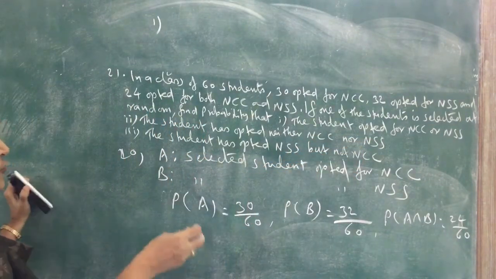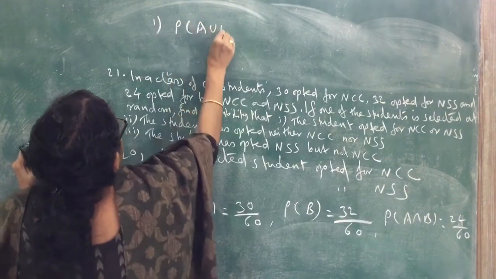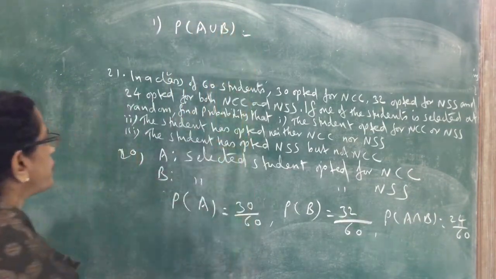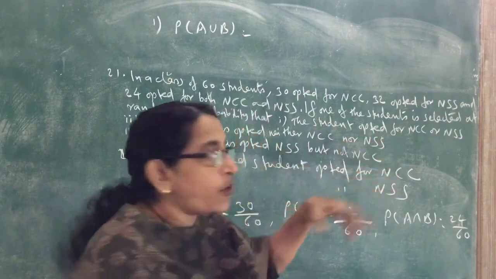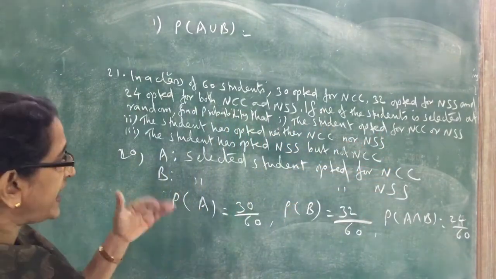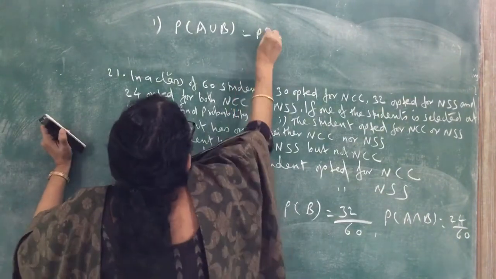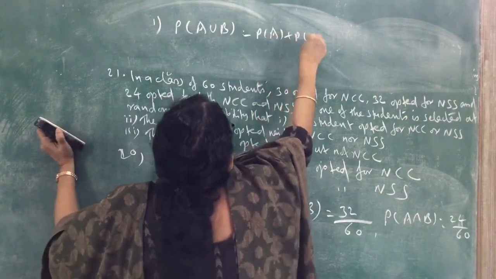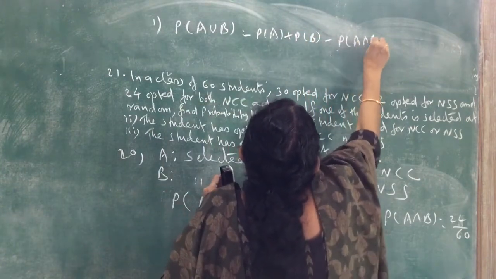That means we want to find A union B. The student selected opted for NCC or NSS, that means A or B, that is A union B. That is equal to probability of A plus probability of B minus probability of A intersection B.